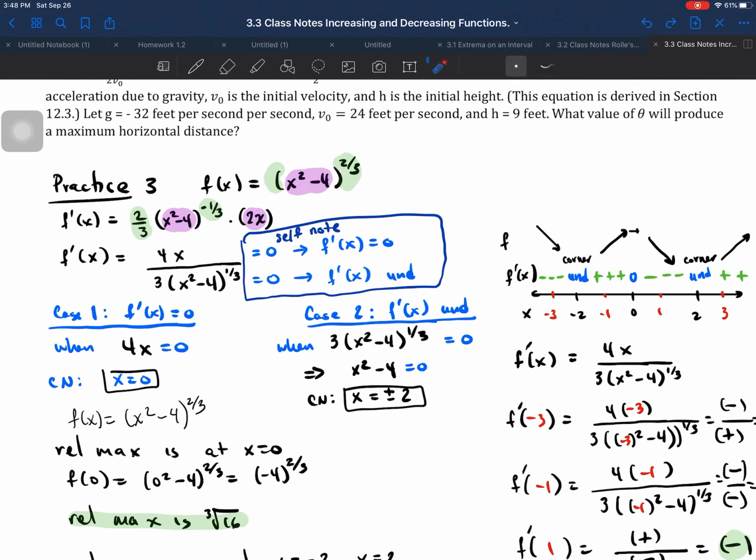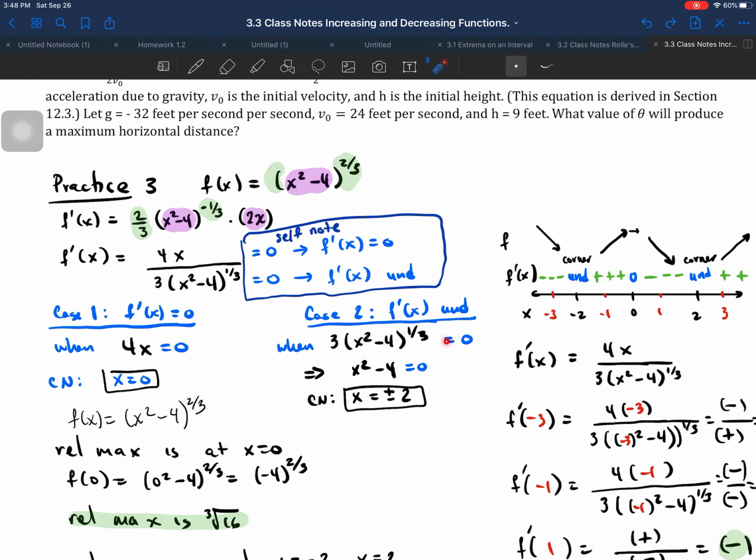I think that's kind of neat that it works out that way, and I think we could take advantage of this. So when the numerator is 0, we set that equal to 0 and solve for x. That would happen whenever x equals 0. So we found the first critical number. Let's try the second case. The second case happens when the denominator is 0.